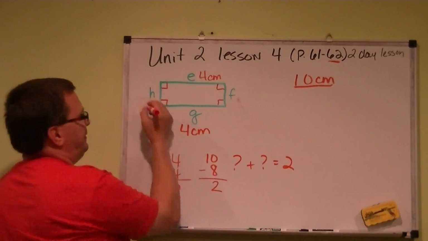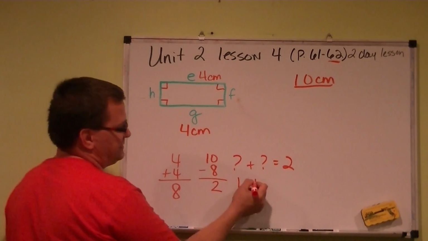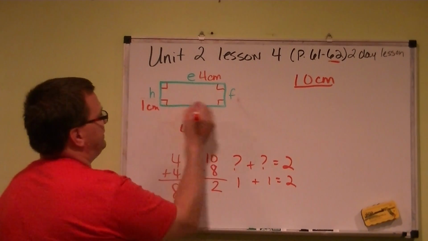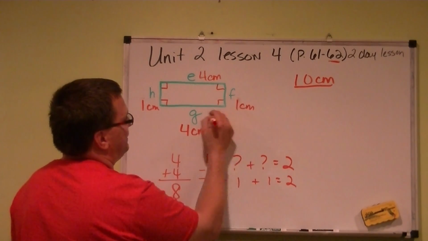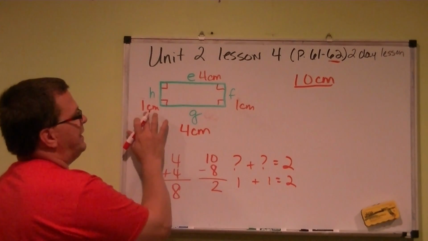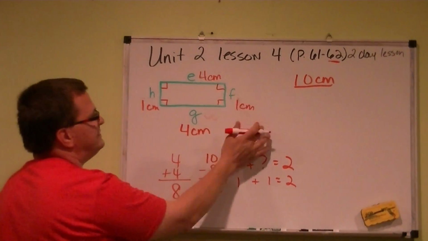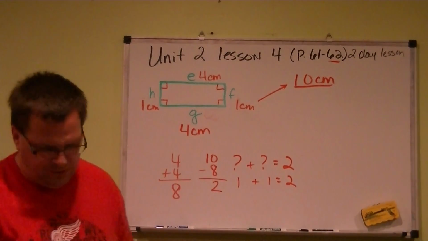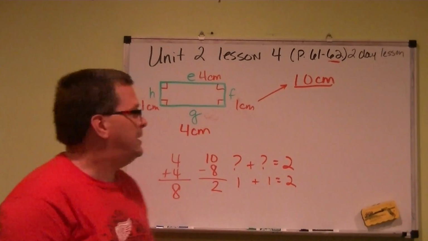Well, I think a 1 would work. 1 plus 1 equals 2. So 1 centimeter. So 4 plus 1 is 5, plus 4 more is 9, plus 1 is 10 centimeters. That's one way you can do 10 centimeters.